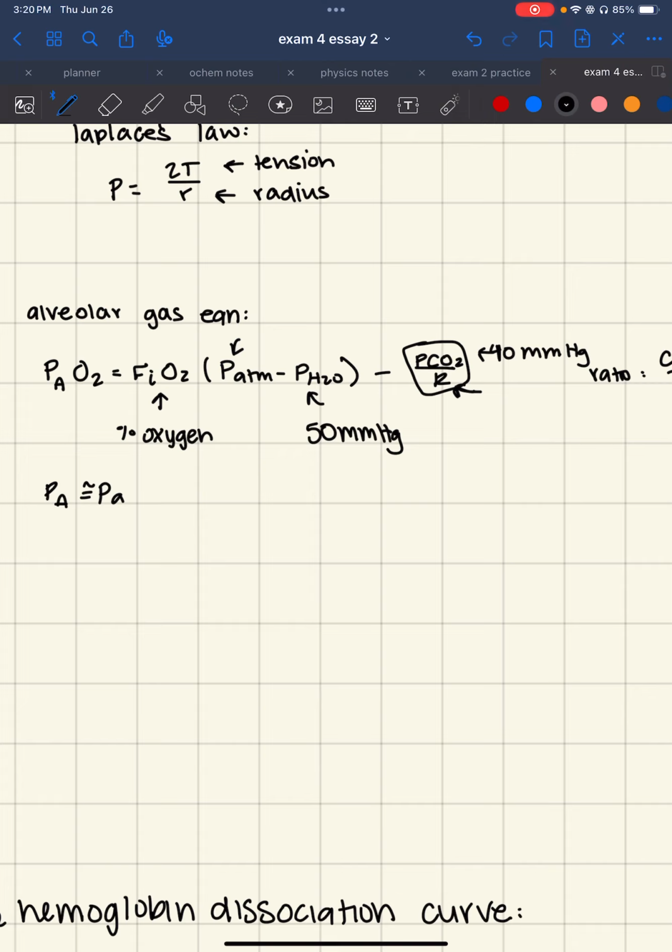If we aren't moving that properly, then we can start to think, okay, maybe we have an embolism, or we're experiencing an edema or something like that, where for some reason we aren't moving air to our blood properly.